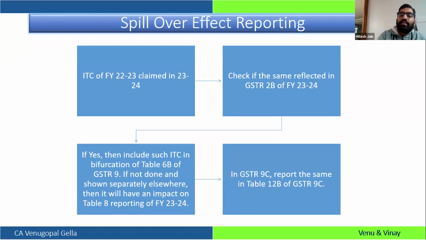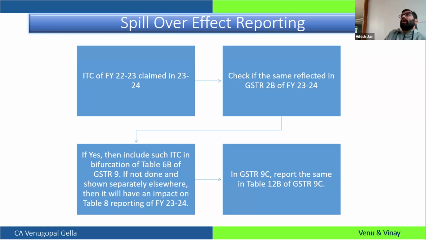Now, why this discussion becomes important is because till last year, table 8 was being reconciled on the basis of 2A. And since this year, table 8 is being reconciled on the basis of GSTR 2B.